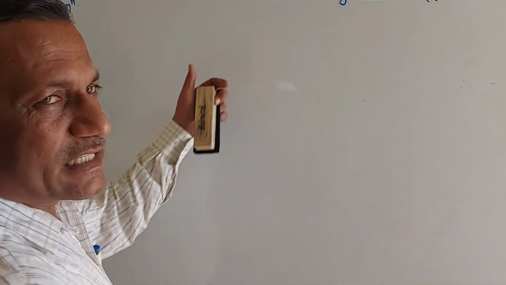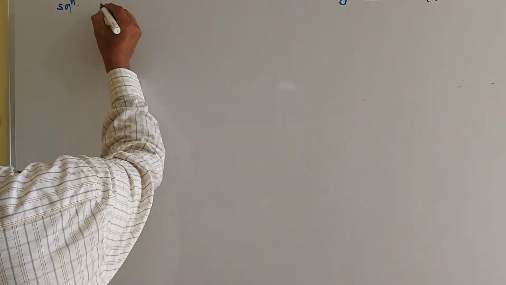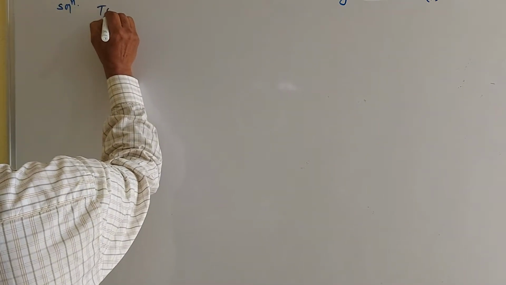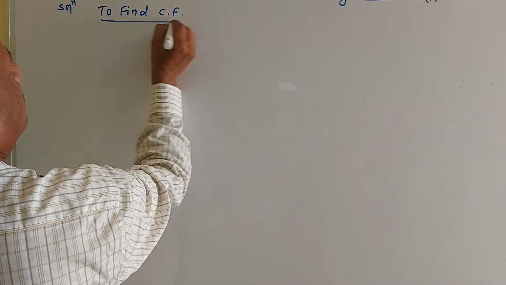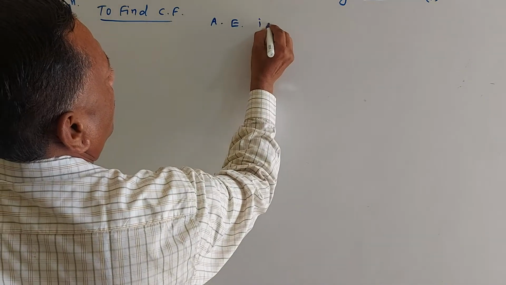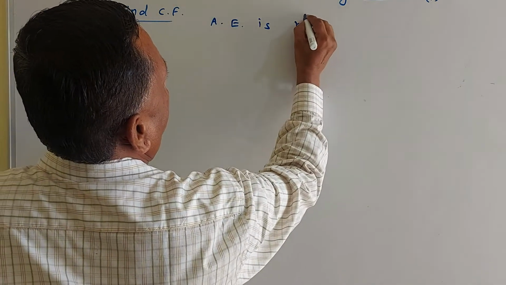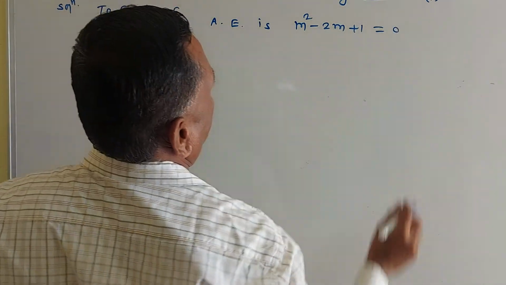This general solution contains two parts, complementary function and particular integral. First we find the complementary function. So the auxiliary equation is m square minus 2m plus 1 is equal to 0.